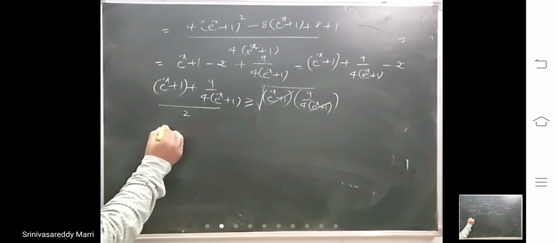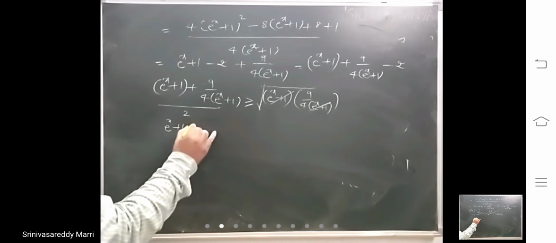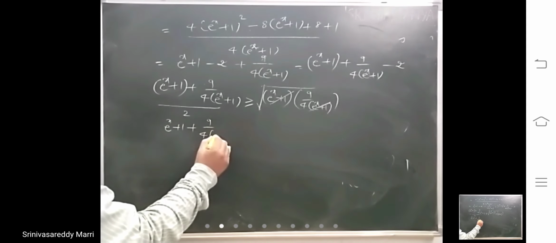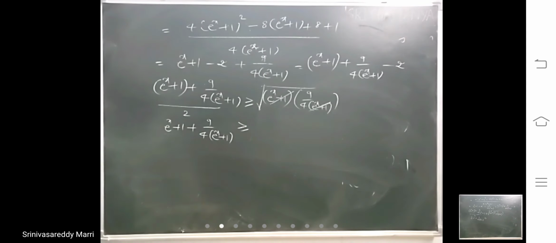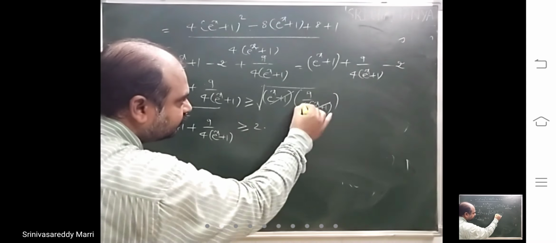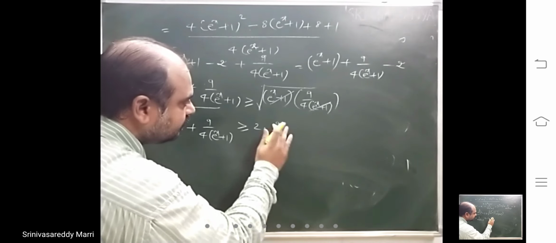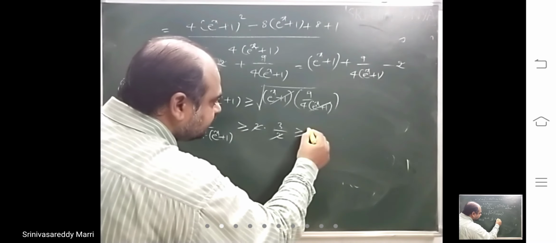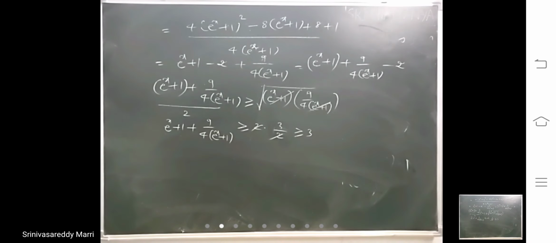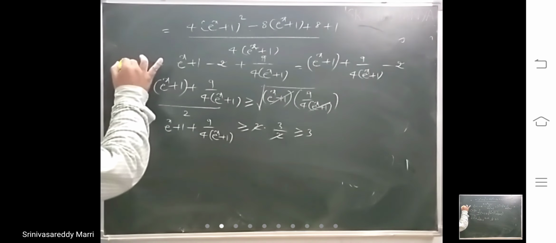So that means e power x plus 1 plus 9 by 4 into e power x plus 1 is greater than or equal to 2 into 3 by 2. Root of 9 by 4 means what? That means greater than or equal to 3. Now this is our function.